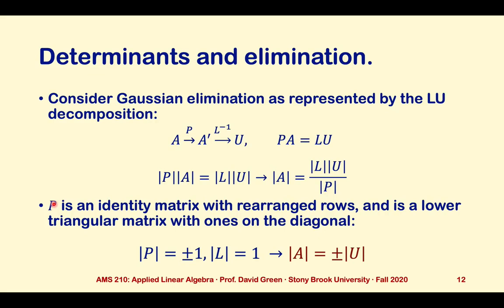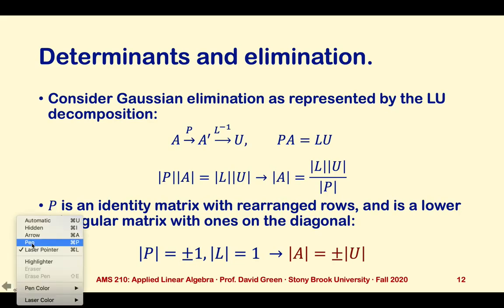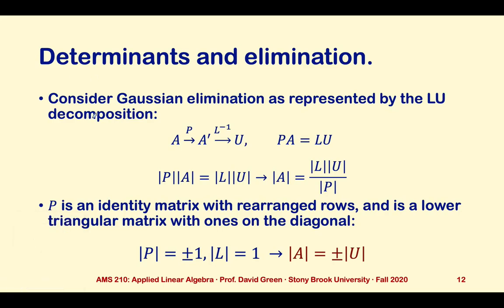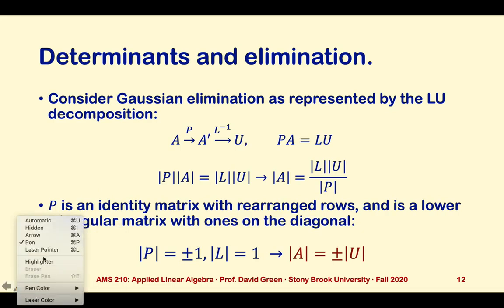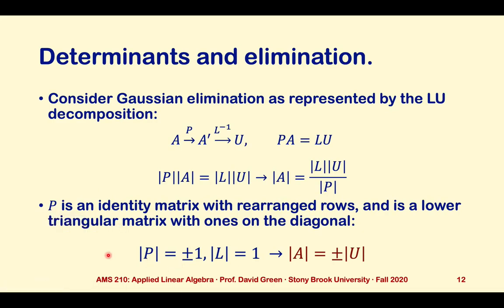The only thing that row exchange can do is change the sign of the determinant, and the identity matrix has a determinant of 1, which tells us that the determinant of a permutation matrix must be plus or minus 1.